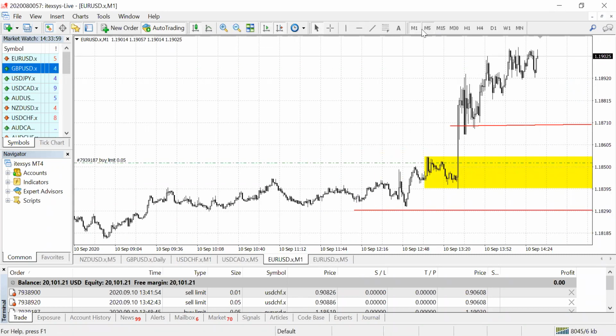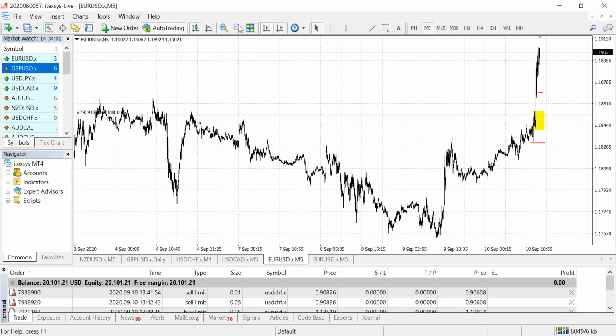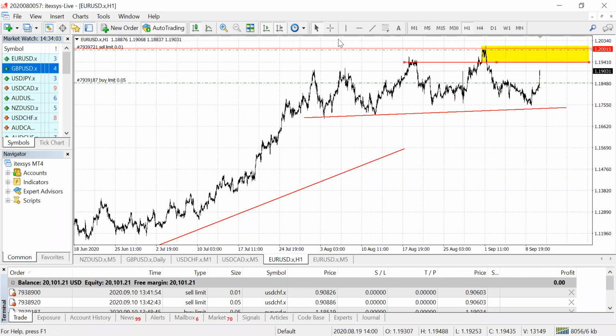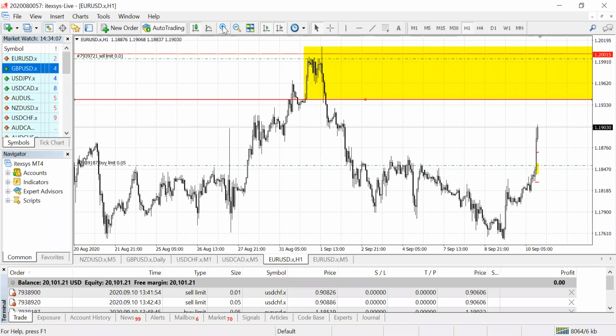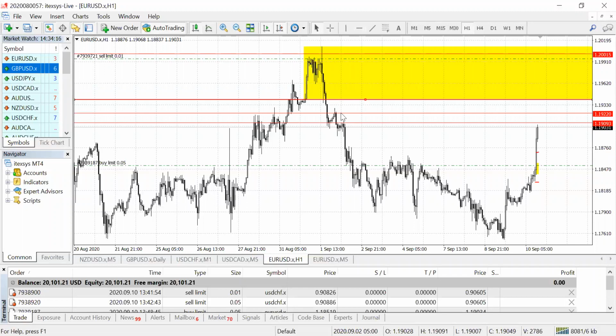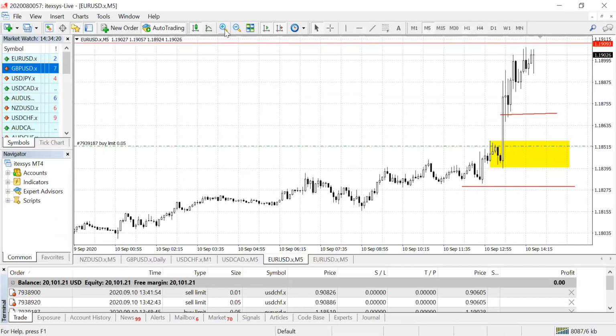Let me see if I can find some supply points back. No, I don't see anything. Right there. Definitely right there. Let me go back to the euro, to the 5-minute chart.